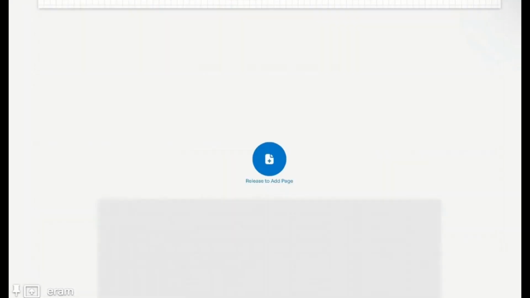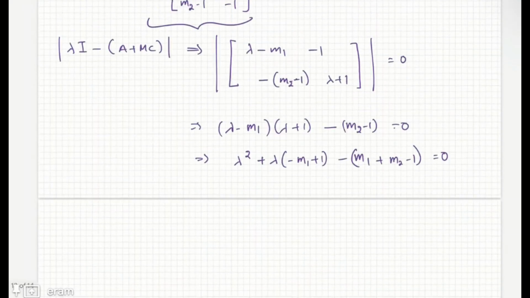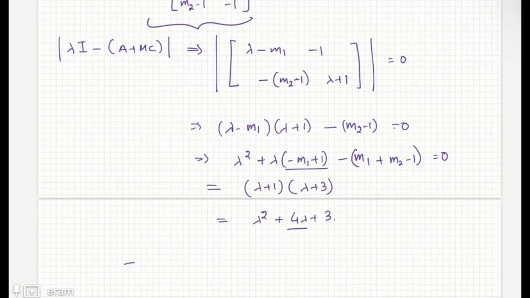And it is given that its eigenvalues are on minus 1 and minus 3. So this is basically equal to (lambda plus 1)(lambda plus 3), which is equal to lambda square plus 3 and plus 1, 4 lambda plus 3. So that means this coefficient matches this, so minus m1 plus 1 should be equal to 4.